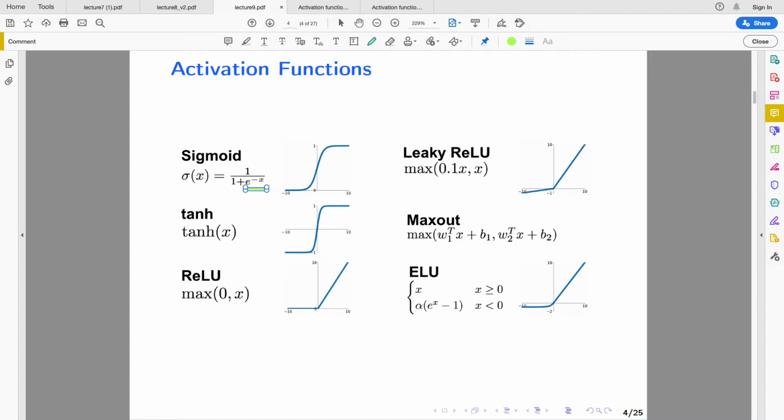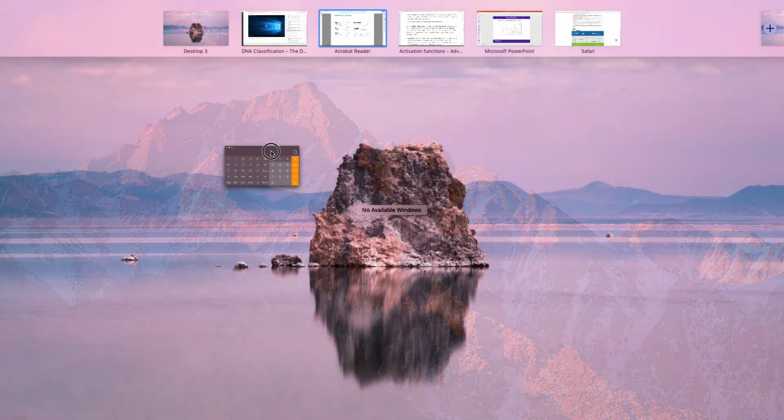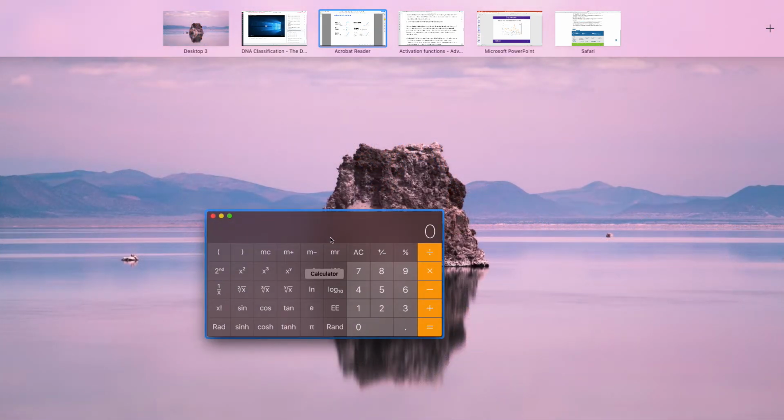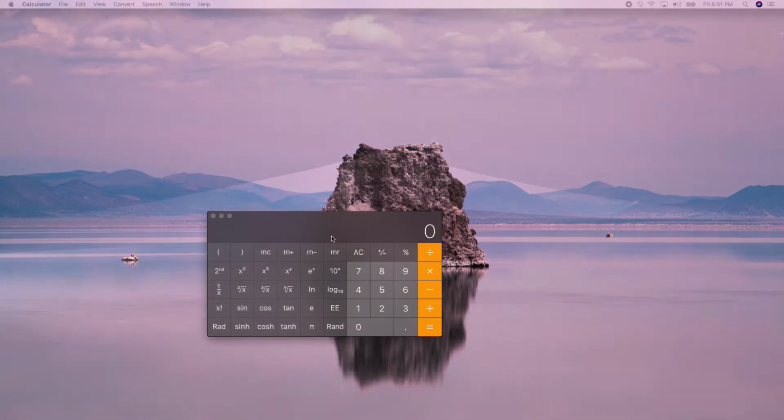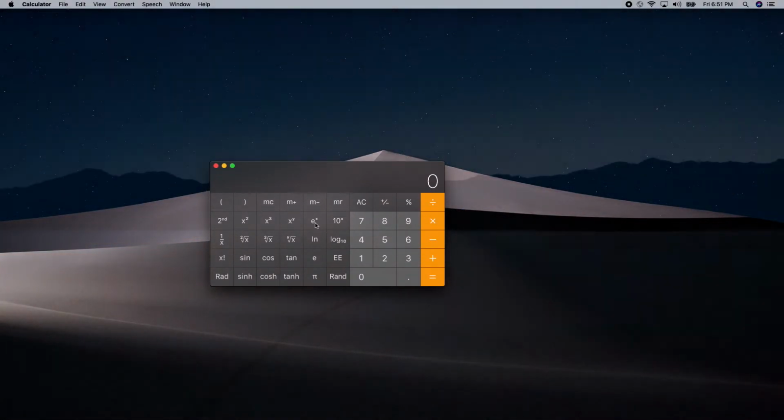It's interesting to see that, just for us to have a look. Okay, I'm bringing the calculator out. So let's see, e raised to power 0.